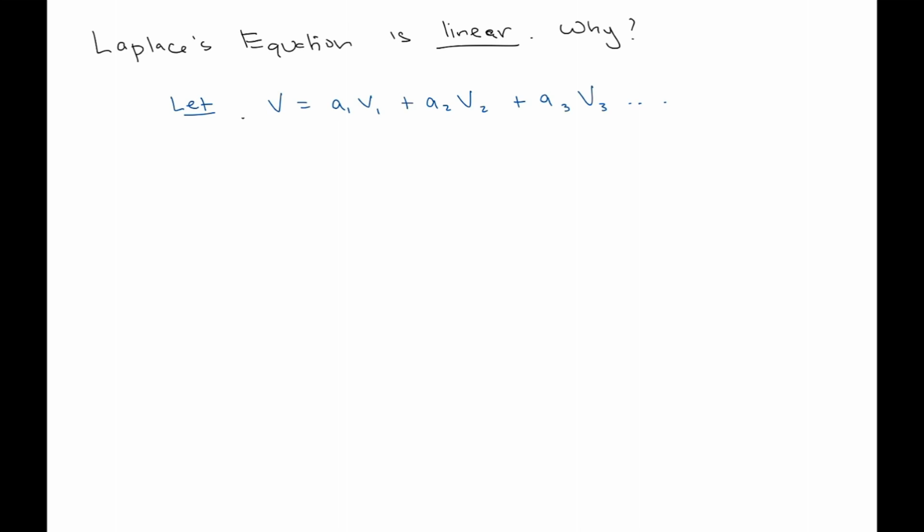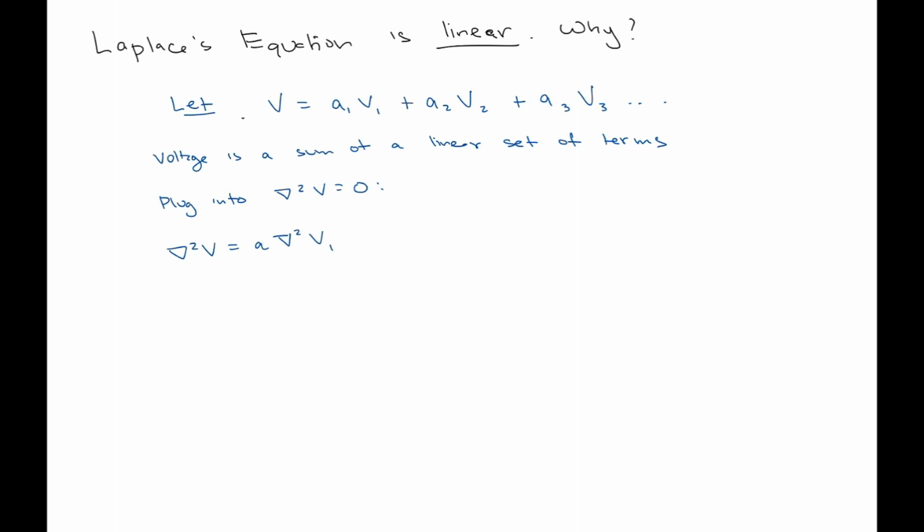Okay, so the voltage is a sum of a linear set of terms. Okay, if I were to plug this voltage into Laplace's equation, then I would find, okay, that the solution would also be the sum of a bunch of terms.